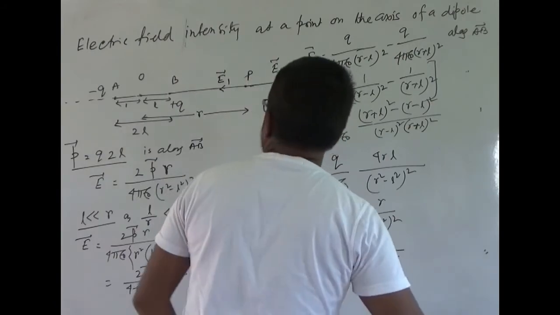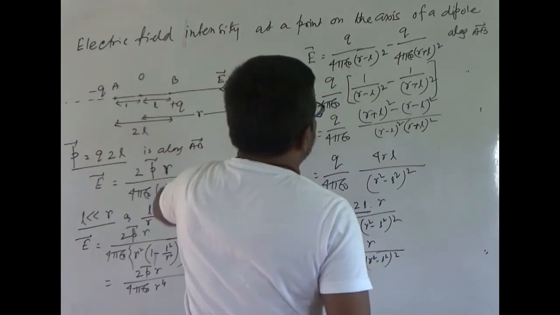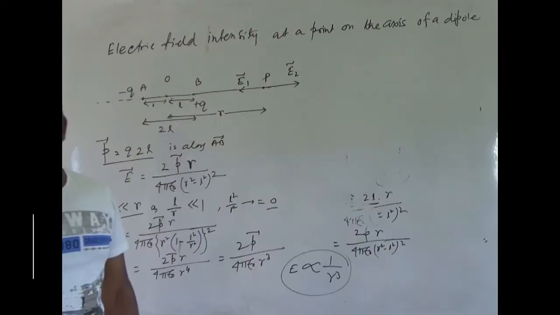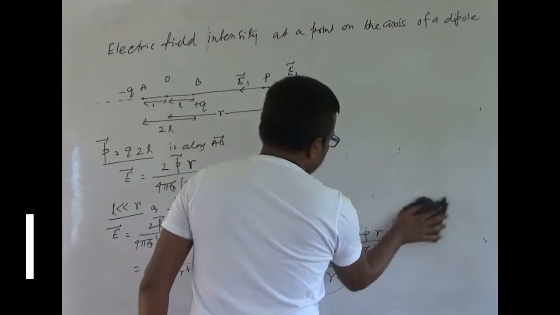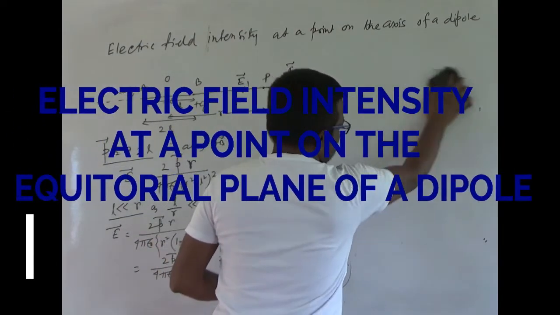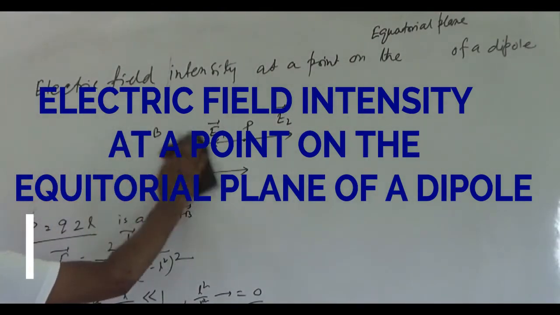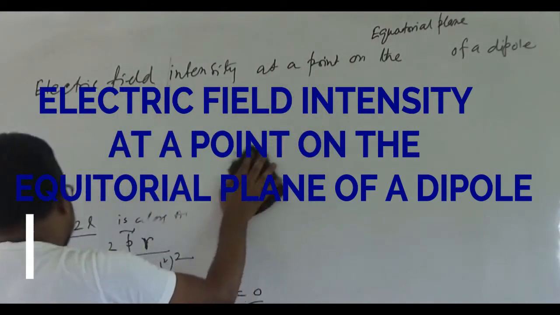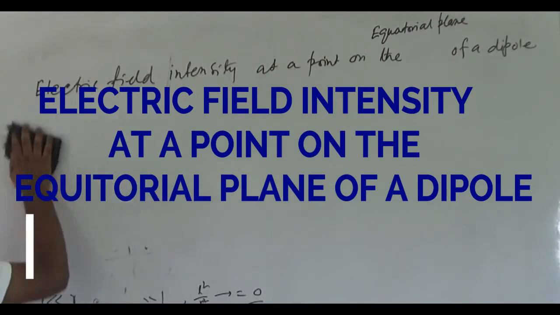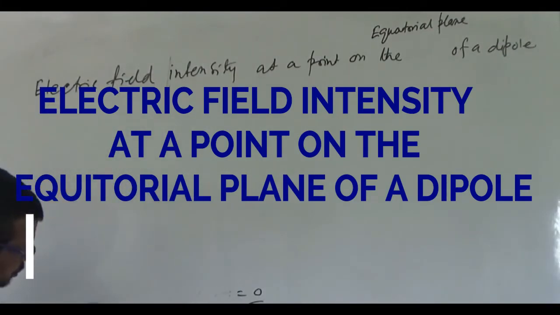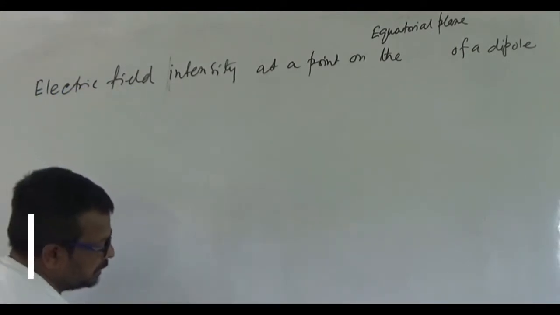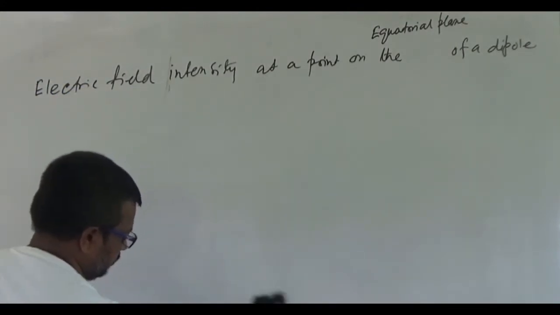That means we are going to discuss electric field intensity at a point on the equatorial plane of the dipole. Equatorial plane means it is a plane which is perpendicular to the axis and passing through the center of the dipole.